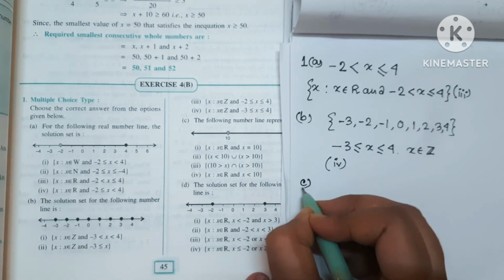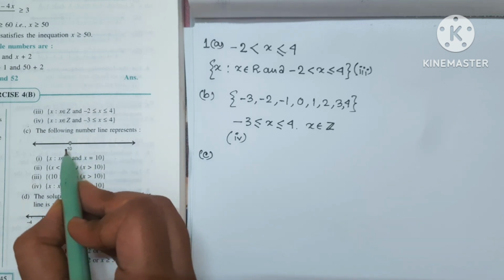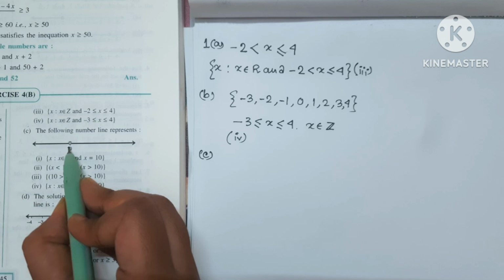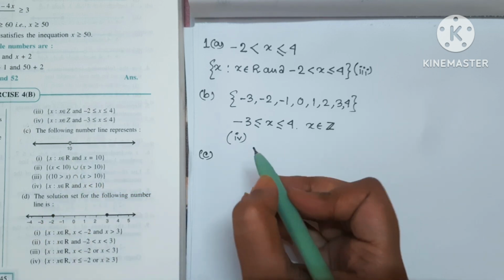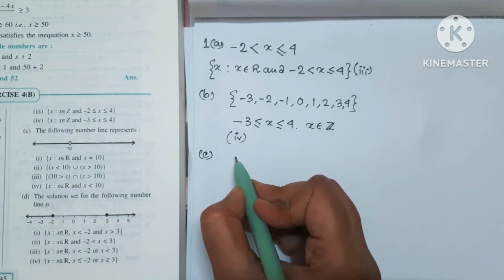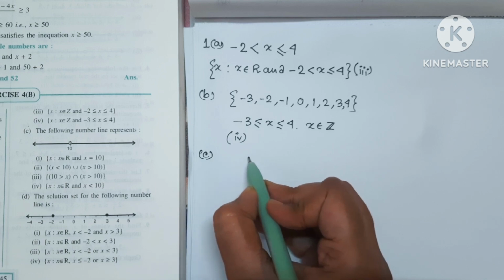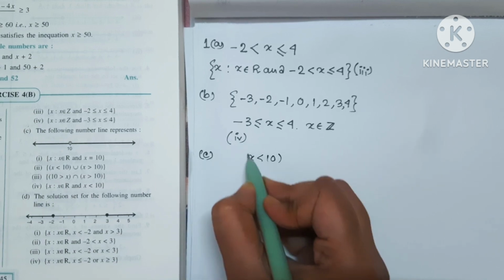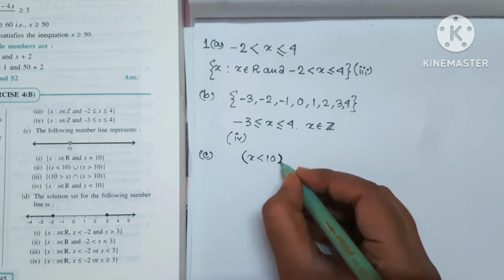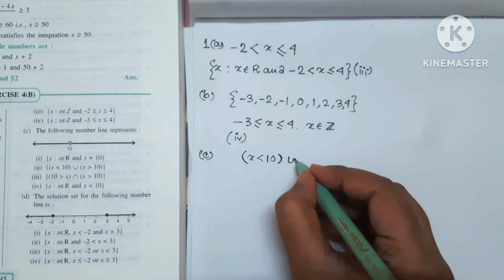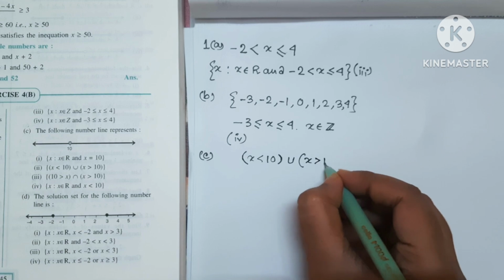Now 1C. Okay, so this is the entire number line. They are denoting the entire number line except the point x equal to 10. At x equal to 10 there is a hollow circle. So they are considering all the numbers, that means x less than 10, that is a range, and union x greater than 10.